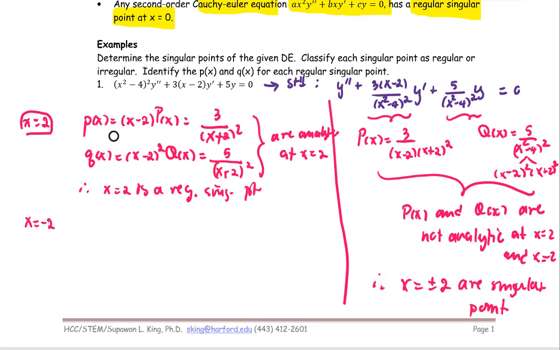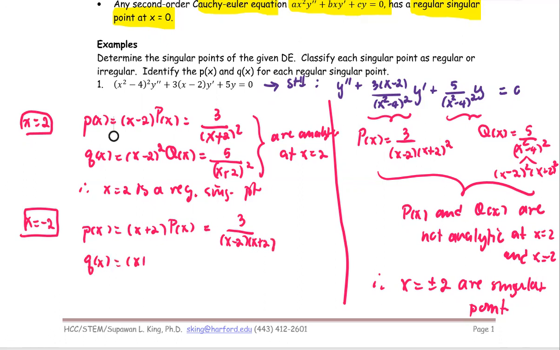Next, we check x equals negative 2. The function p(x) is formed by (x plus 2) multiplied by the uppercase P(x), and then we get the function as 3 divided by (x minus 2) times (x plus 2). And the lowercase q(x) is from (x plus 2) squared multiplied by the uppercase Q(x) to get the function 5 divided by (x minus 2) squared.